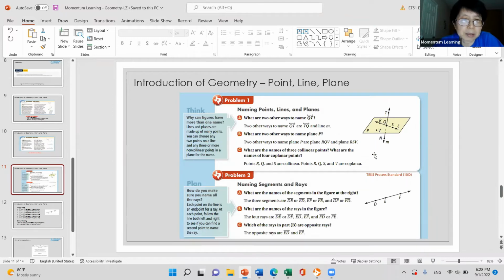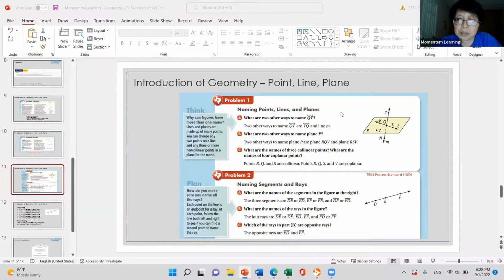Can I name this plane as the plane RQV? You can put your answer in chat. And you see there's a capital P here. You can name the plane P as well.